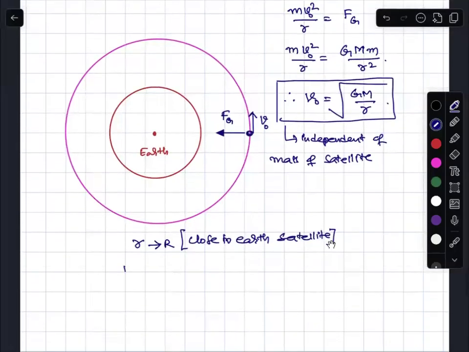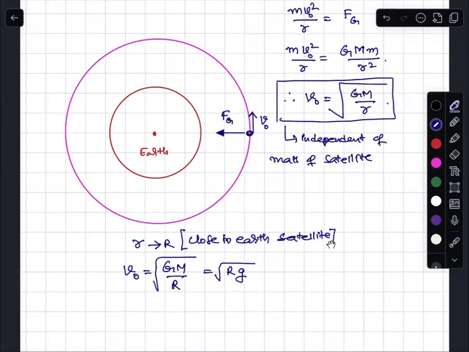In that case, v0 will become root GM by R. This you can write as root Rg also. Remember, this value is of the order of some 7.6 kilometer per second.